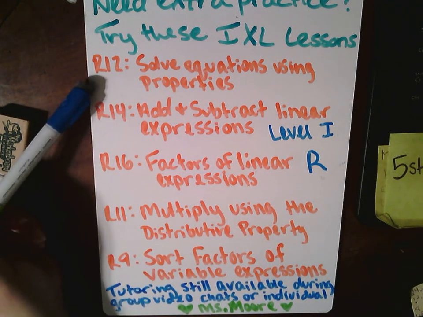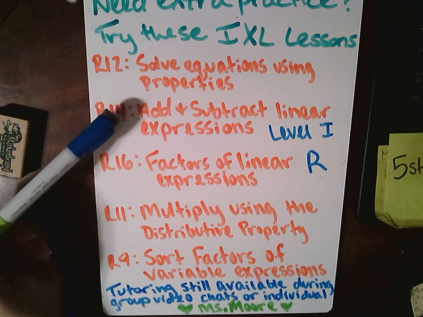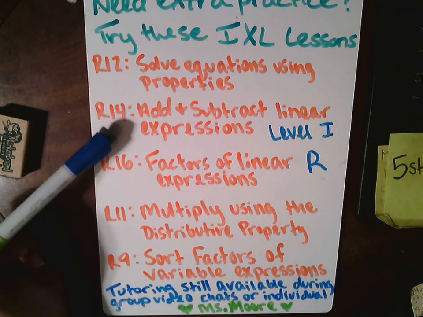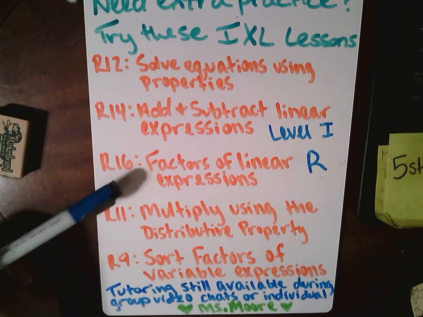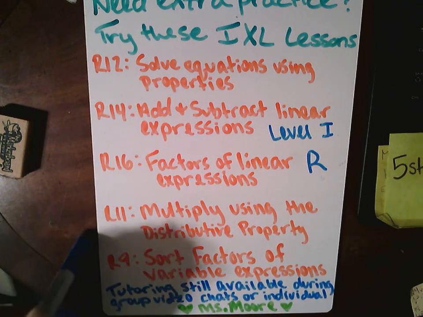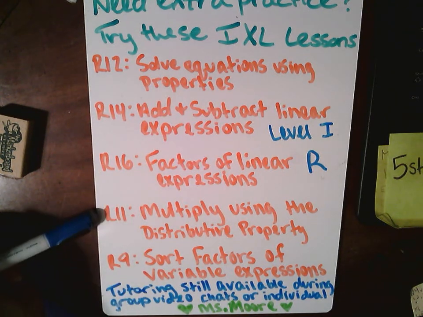R12 will help you solve inequalities using properties. So that's the associative property, the commutative property, those things that we looked at. R14 is adding and subtracting linear expressions. R16 is factoring, or finding the factors of linear expressions. So that's what we're doing this week. R11 is multiplying using the distributive property. That's what we did last week.